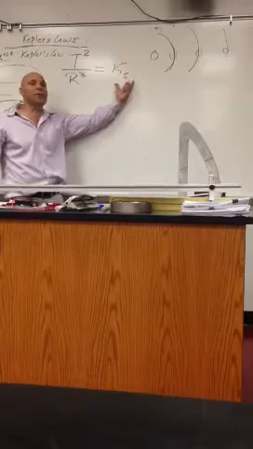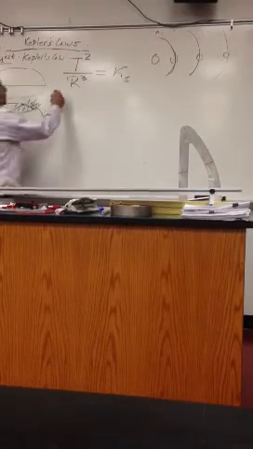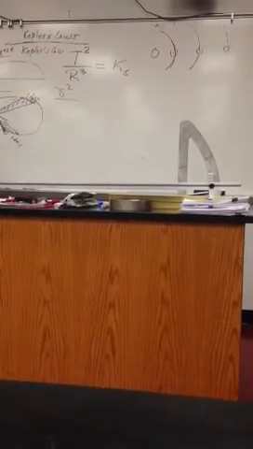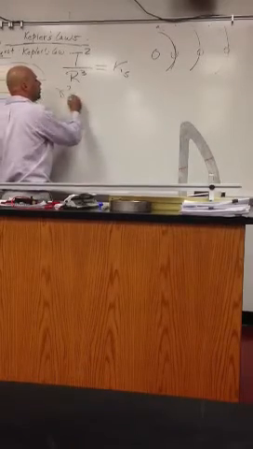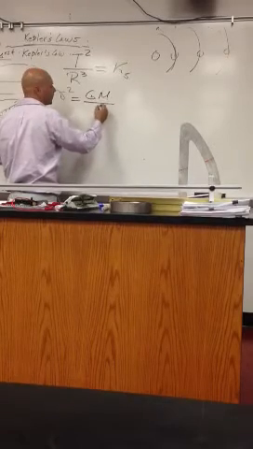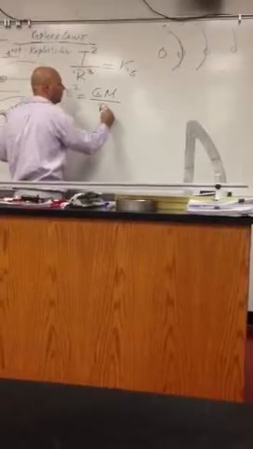How did he prove this? Using this formula: v squared is equal to GM over r. In this case, r will be the distance from the planet to the sun.